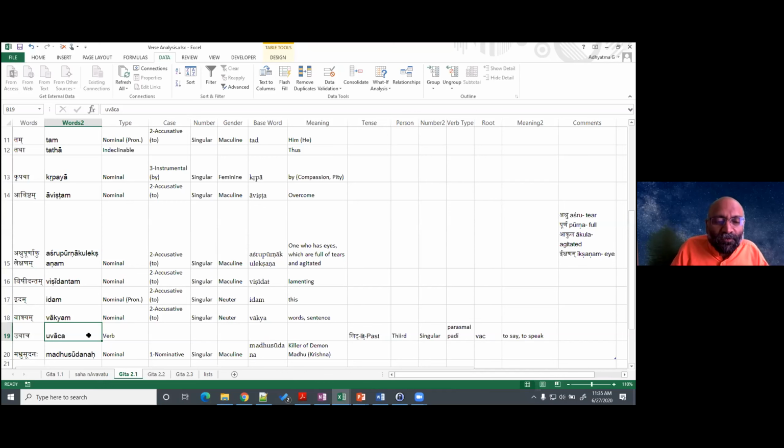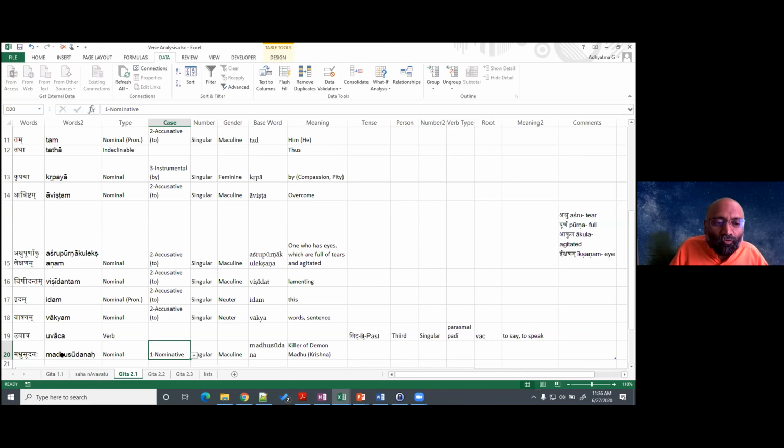Once you identify these are all the words in the sentence, and once you identify the verb, you have to see what the subject of the verb is. For that, the first case would be the subject. Out of all these words, only one word is in the nominative, first case.